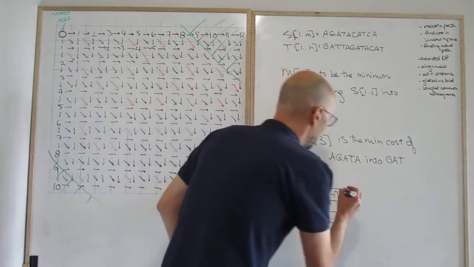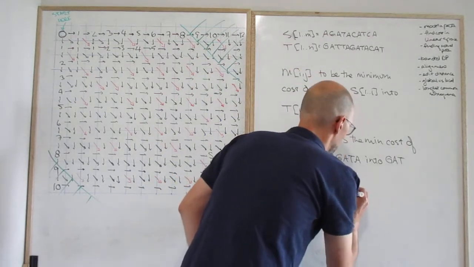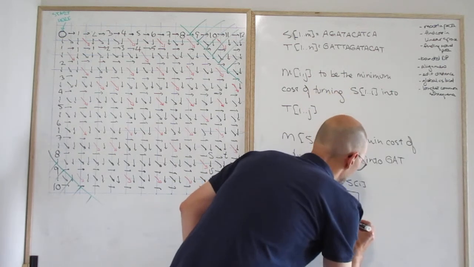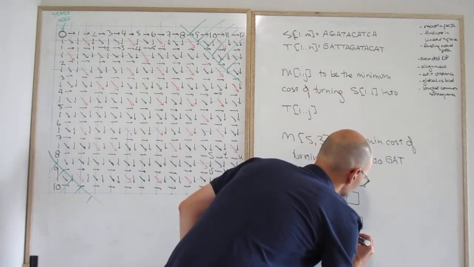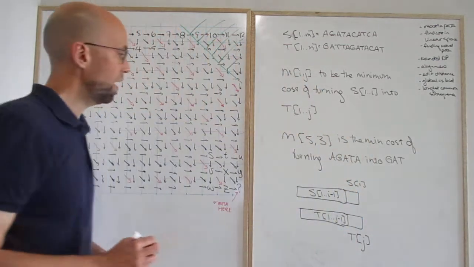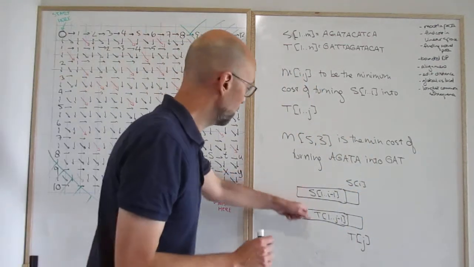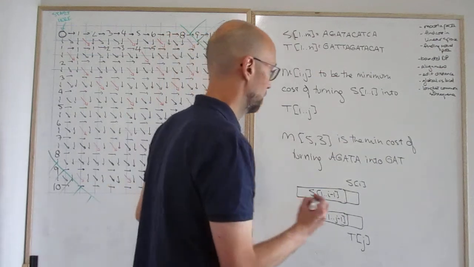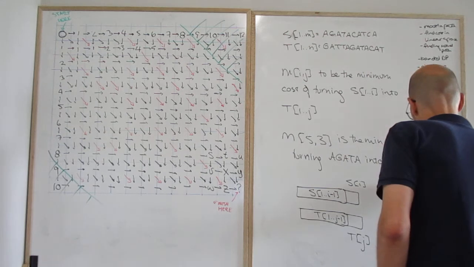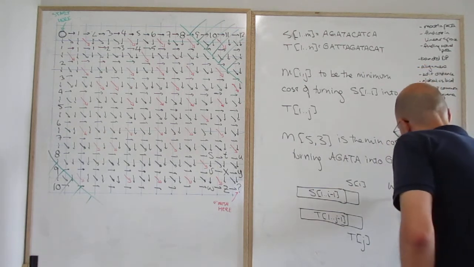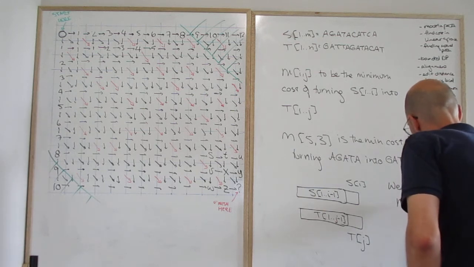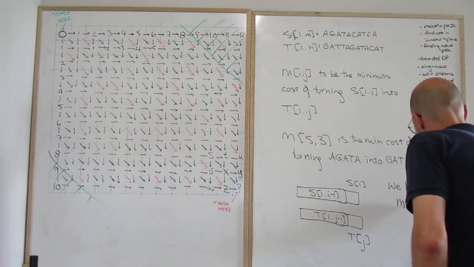And then you have Si, and you have Tj. And imagine that we've already worked out, we know M I prime, J prime.